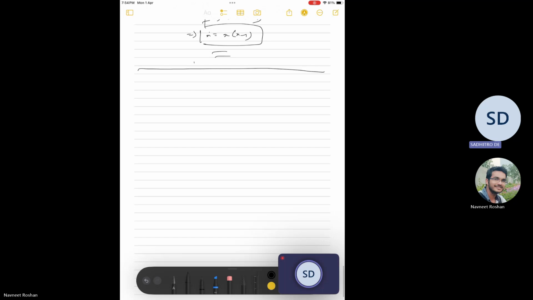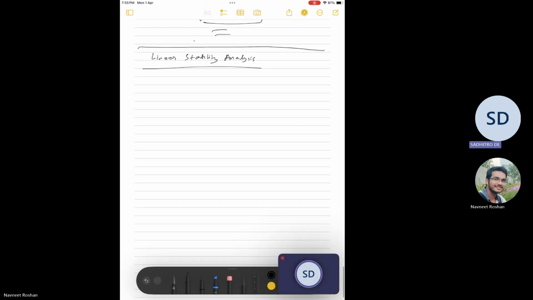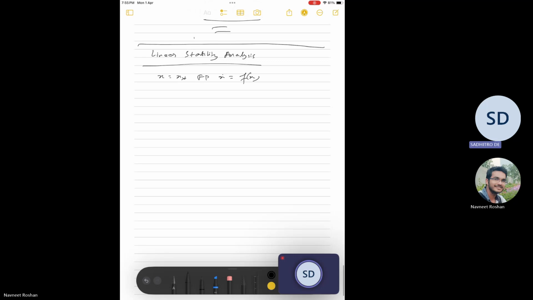So mathematically, this can be answered with the help of linear stability analysis. Okay, so let us suppose that x equal to x star is a fixed point of the system x dot equal to f of x.